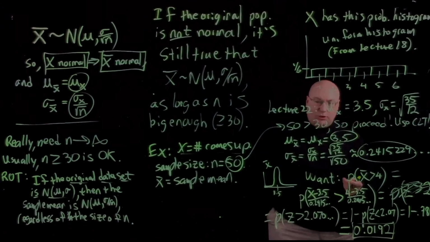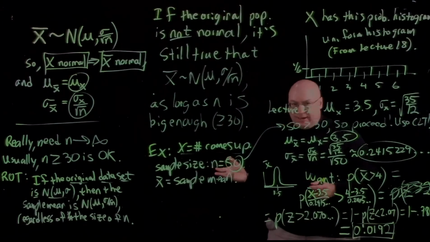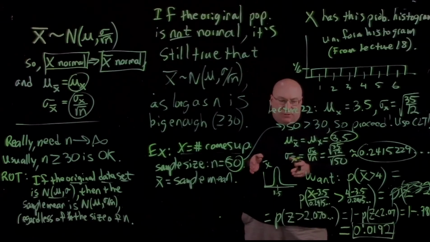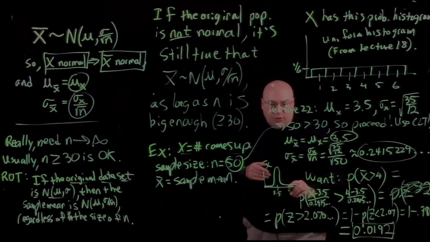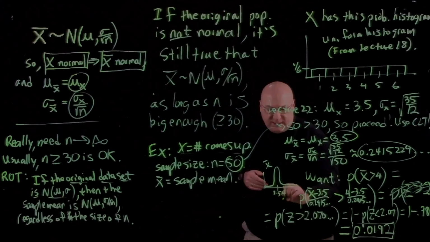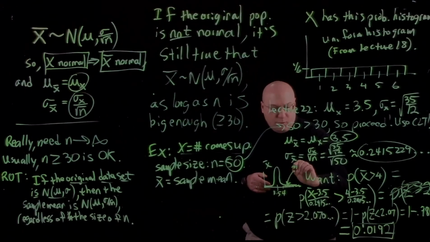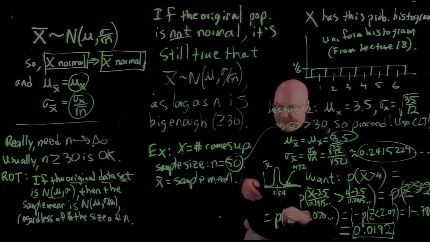A little under 2% that if I toss the die 50 times and compute the mean, it's going to actually be above 4, right? So, 4 is right there, and that area is what we just found, 0.0192, okay? We'll stop there.